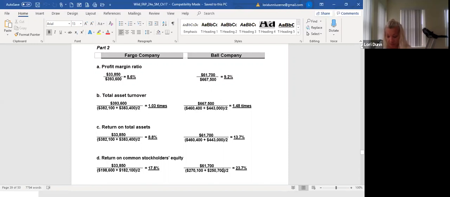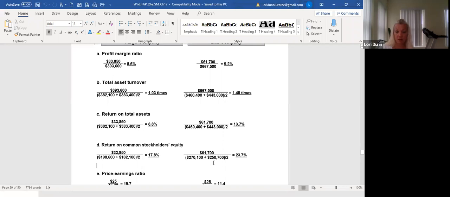And their ending would be the 141,000 plus 129,100, which gives us the 270,100. Add those together, divide by 2. That's the average amount of money the common stockholders at Ball Company have invested. The company took that money, generated a net income of $61,700, 23.7% return to the common stockholders.